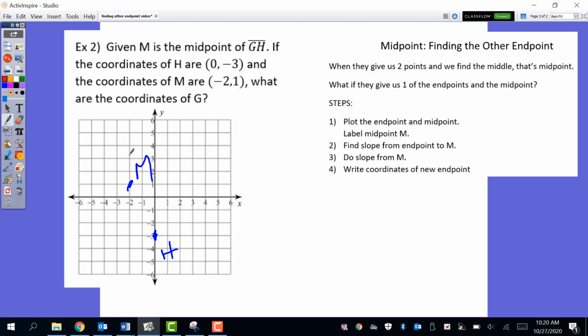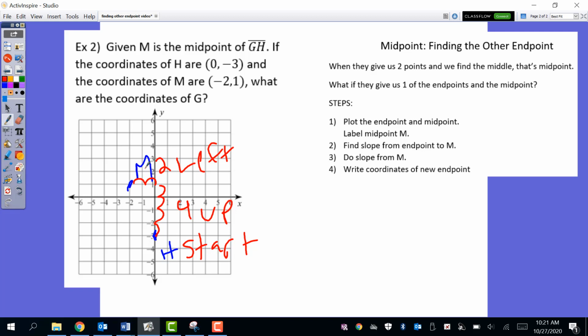So which point am I going to start at? I'm going to start at H because I've got to go towards the midpoint. I never start at the midpoint. So I'm counting 1, 2, 3, 4 up. 1, 2 to the left.